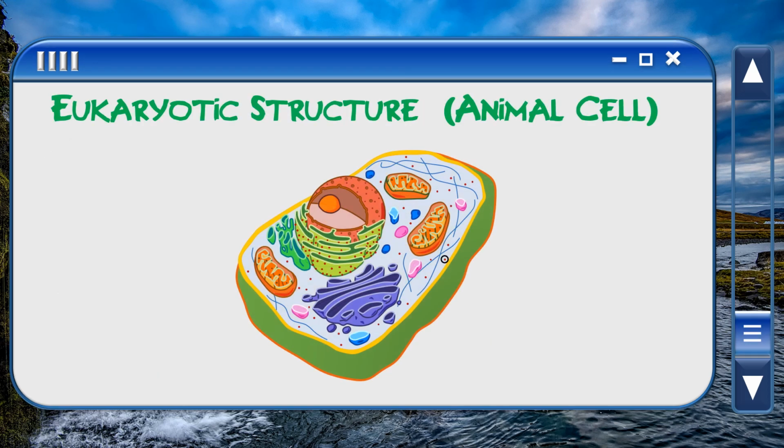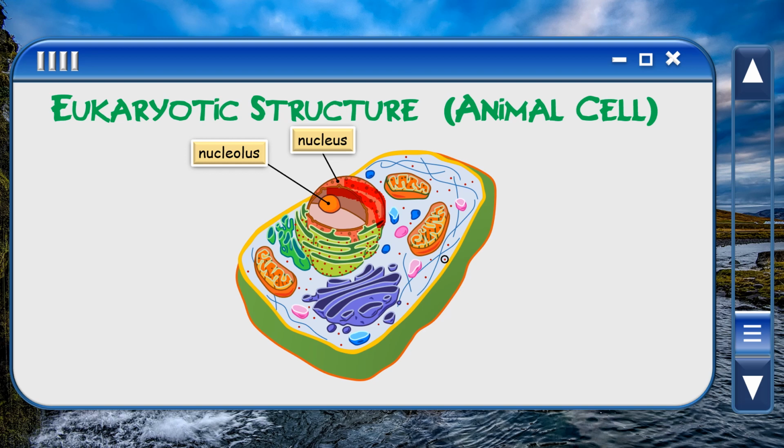Let's look at the eukaryotic structure, the animal cell. We want to label some of the parts. We have the central part here. That one is the nucleus. The whole of this structure that you're seeing in the middle is the nucleus.